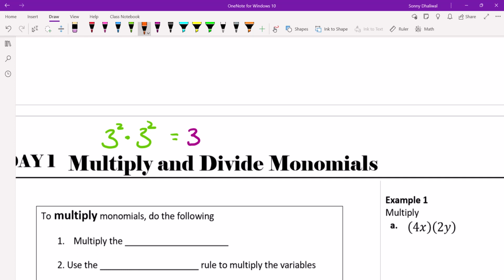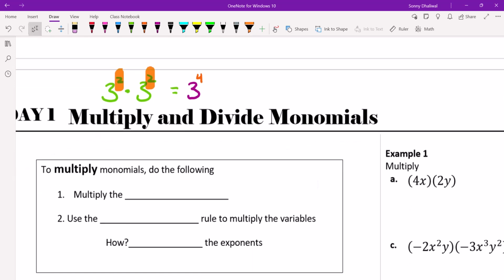You add the 2 exponents. The 2 and the 2 make 4. So when we multiply, we add exponents.